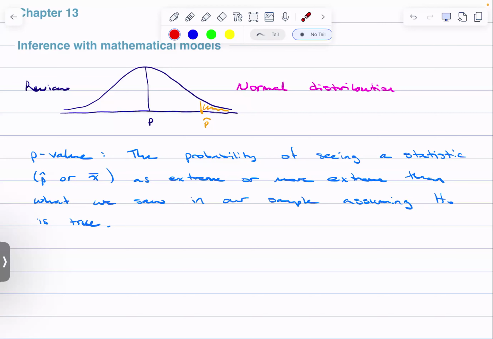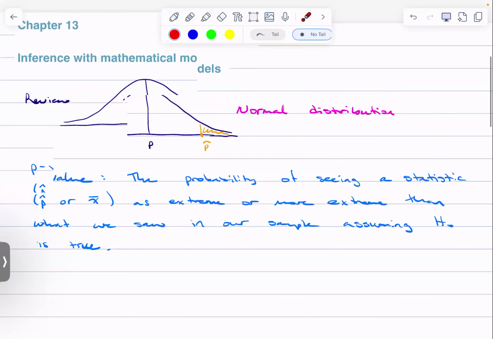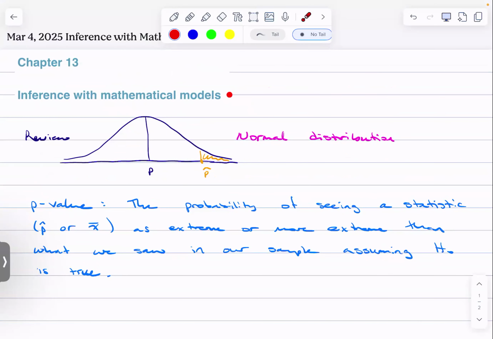And so we're going to need to rely on mathematical models, which is kind of taking it back to traditional statistics. This is kind of new age, but we're doing the same thing with these mathematical models.